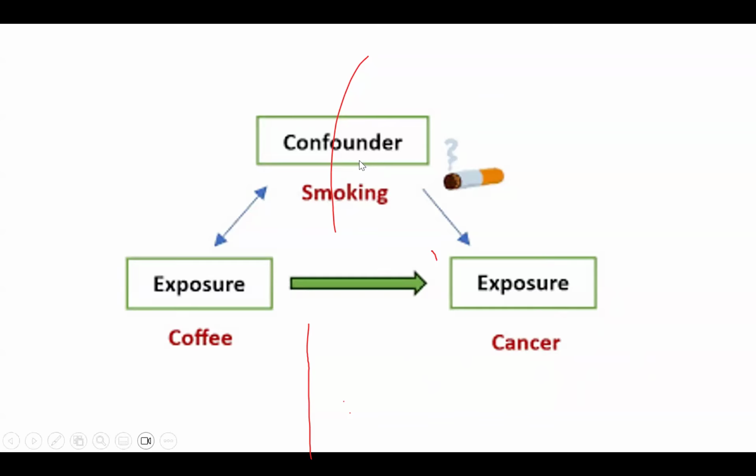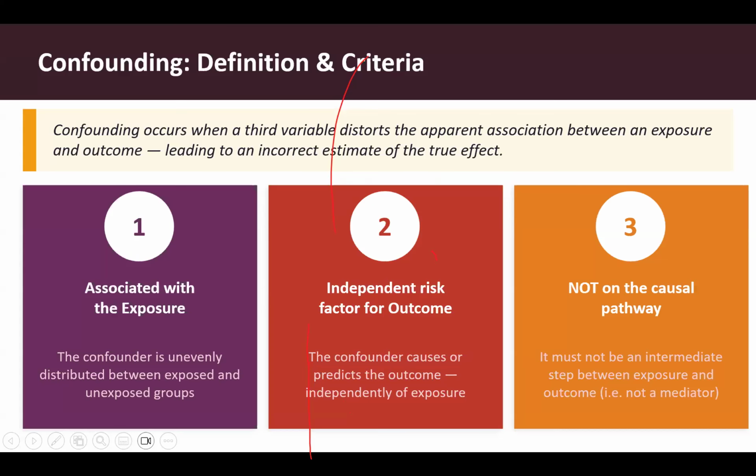And it was smoking which was leading to the lung cancer instead of the coffee. So smoking here is the confounder, which has a relationship with both the outcome, which is cancer, and the exposure, which is the coffee. So confounding occurs when a third variable distorts the apparent association between an exposure and outcome, leading to an incorrect estimate of the true effect.